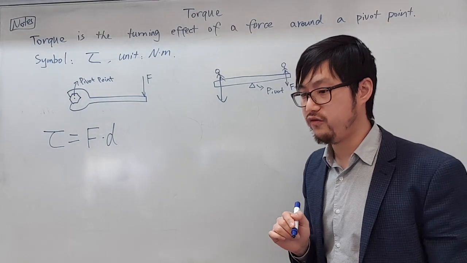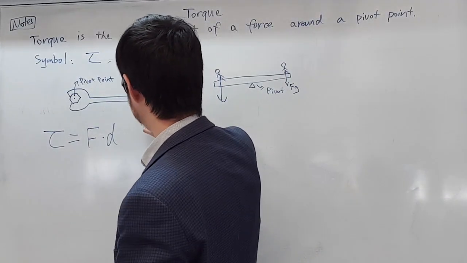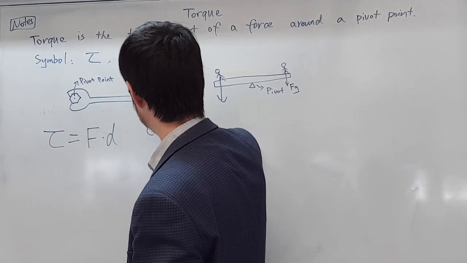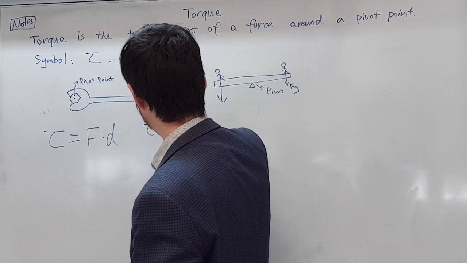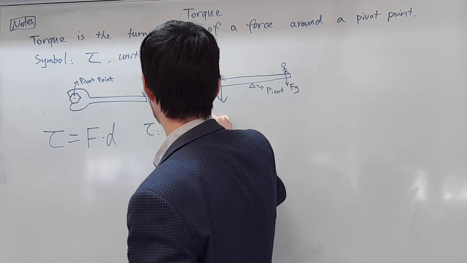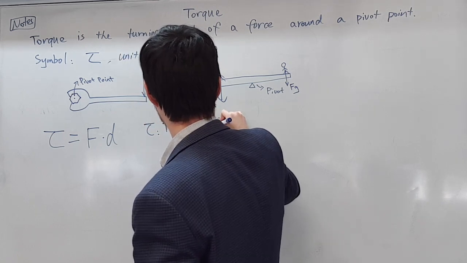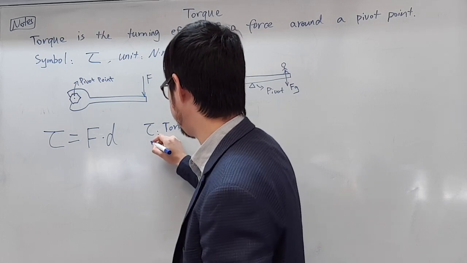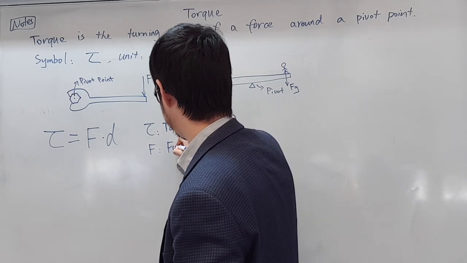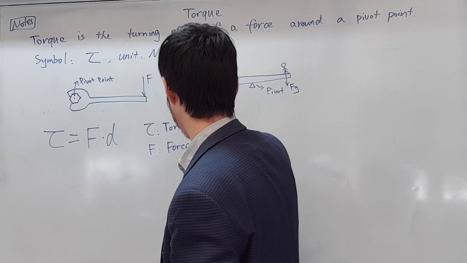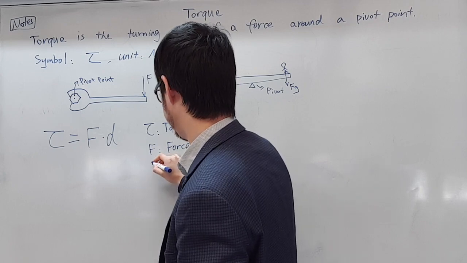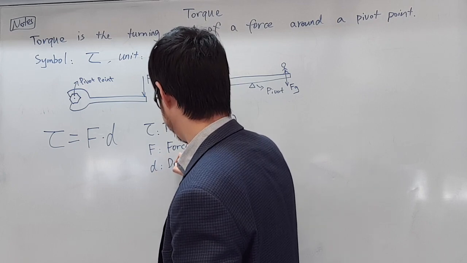Torque equals force times distance. The unit of torque is Newton meter, and force is in Newton, and d is distance.